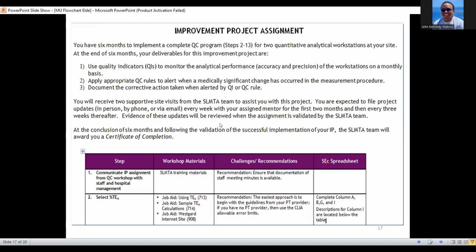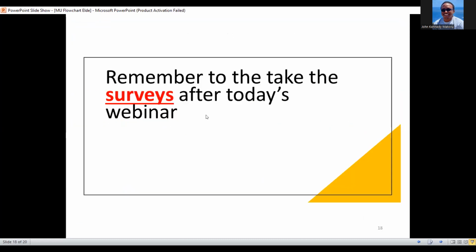Here's another document that you have access to, and this one you can utilize to decide what improvement project you are going to do. All right. And as Janet said, please remember to take the surveys. It's plural. Why? We will have the short survey that is for today's webinar and the long survey, right?